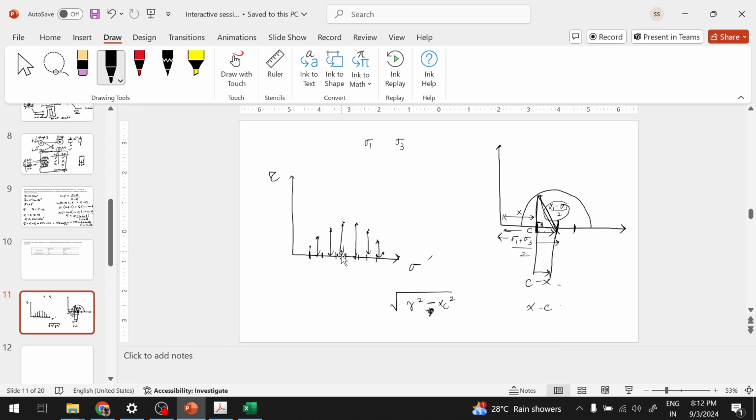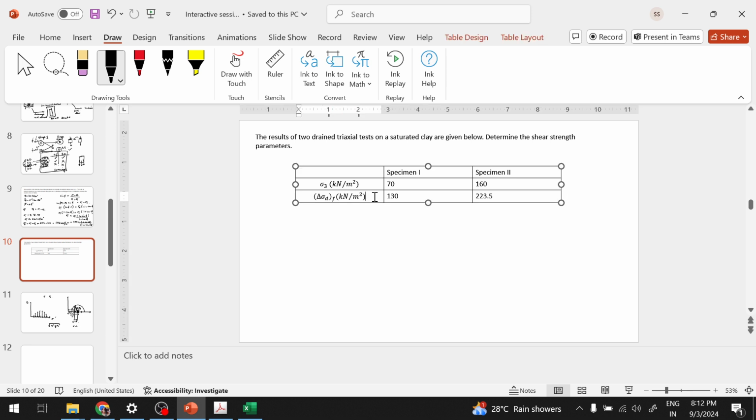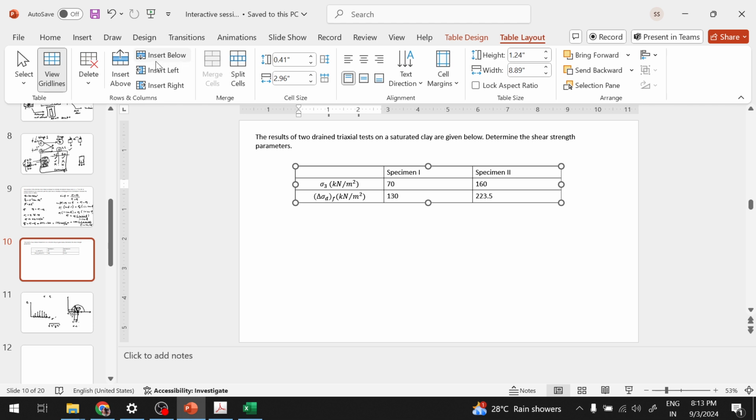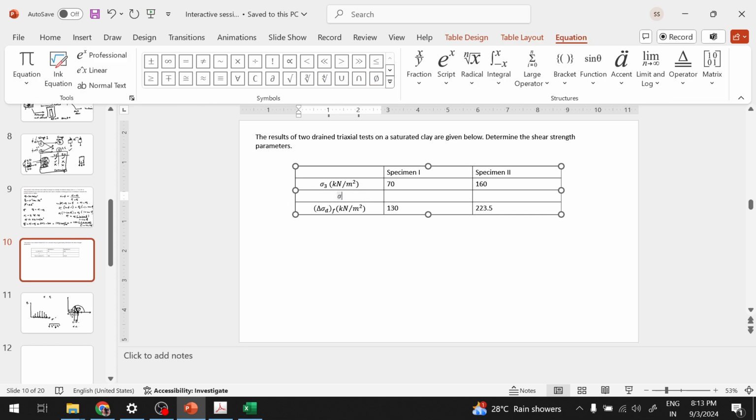And in this question, what is it that we can do? What we can do is we can calculate without the graph. So this will be sigma 1, isn't it?